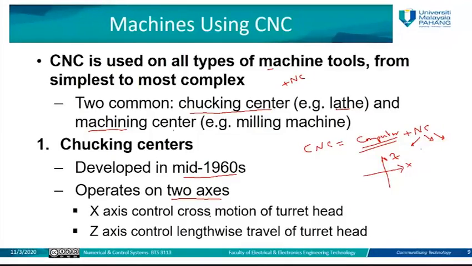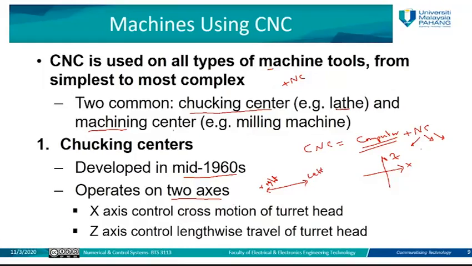The X-axis controls the cross motion of the turret head, for example left or right. It just controls the motion of the head, either left or right.